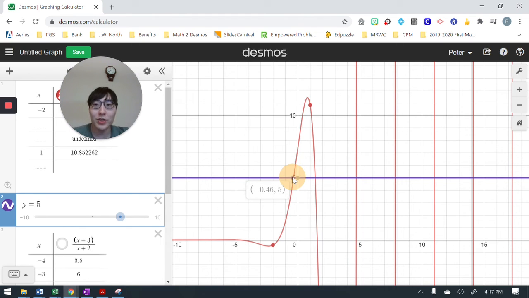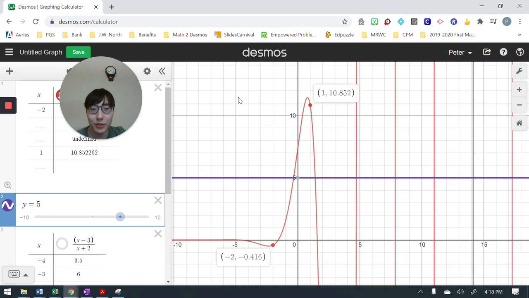But the intermediate value theorem is not interested in finding the exact value necessarily. It's just, is there a value within the interval of negative 2 to 1 that will give me an output of 5 in this function?